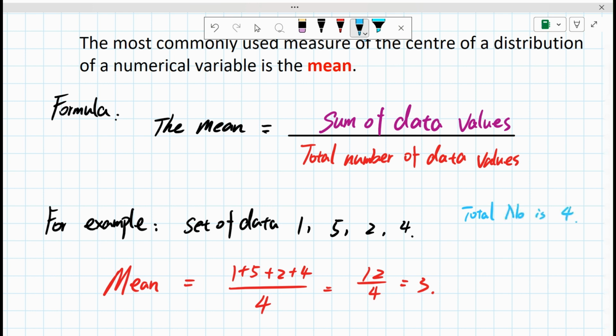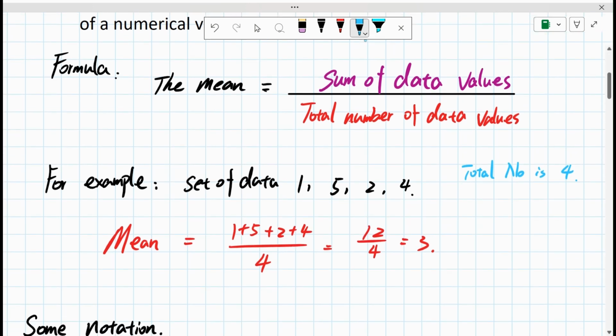Then we add all of them together: 1 plus 5 equals 6, 6 plus 2 equals 8, 8 plus 4 equals 12, and then divide by the total number of data values. So your mean equals 3. The mean may not be equal to any value in the set of data, but you can say it is the average.